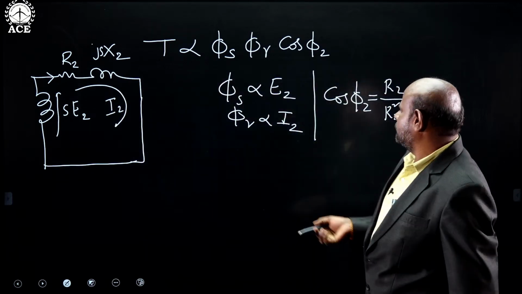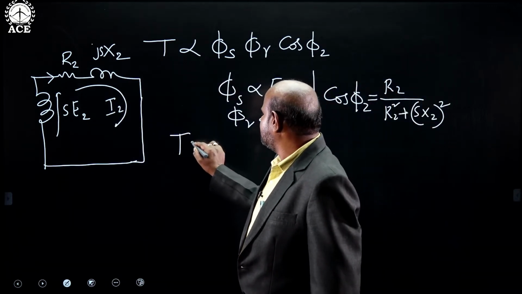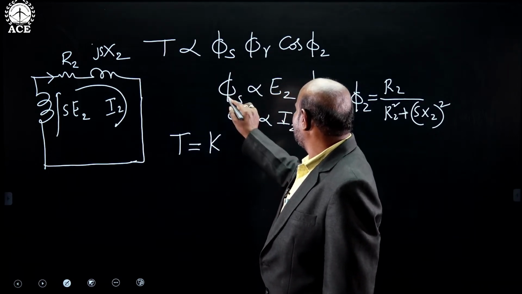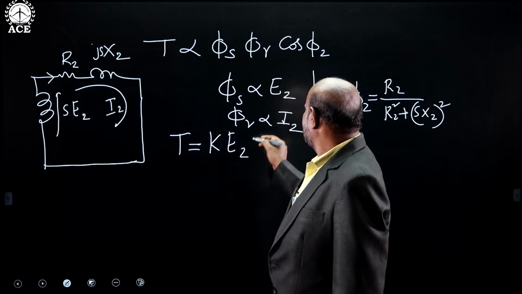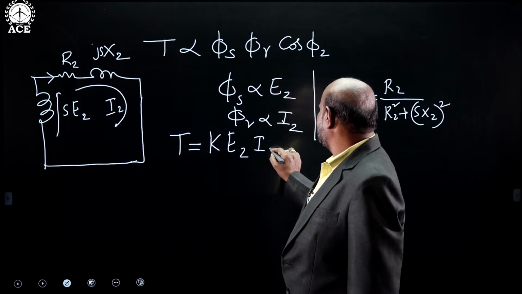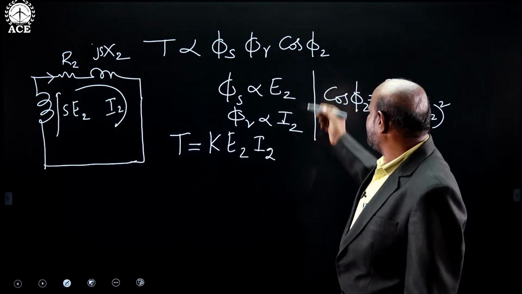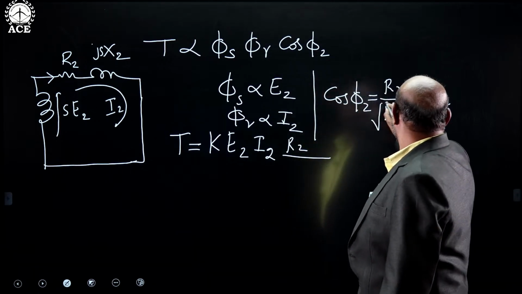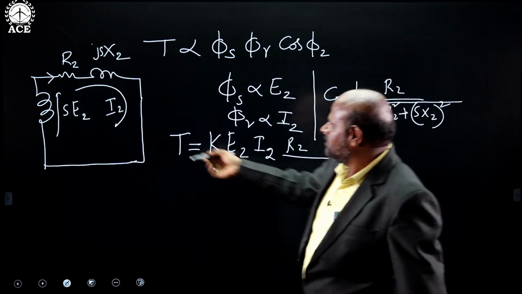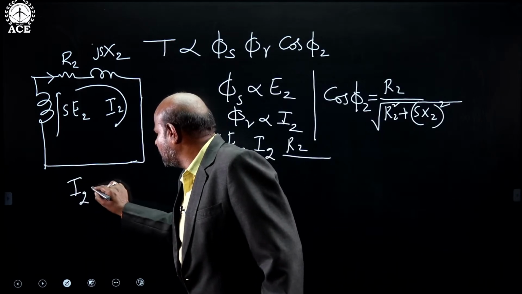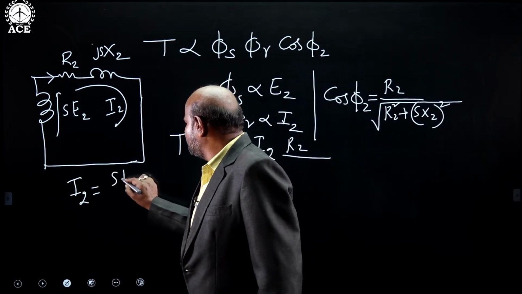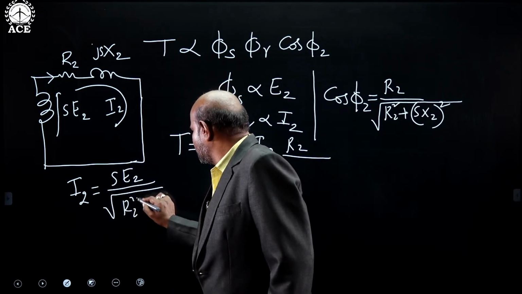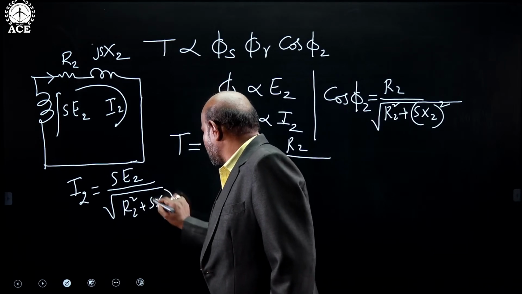Now, if you resubstitute here, the torque expression can be rewritten as T is equal to some constant K, phi s can be written as E2, and phi r is nothing but I2, and cos phi 2 is nothing but R2 by the impedance. So here I2 can be written as I2 equal to S E2 by square root of R2 square plus (S X2) whole square.